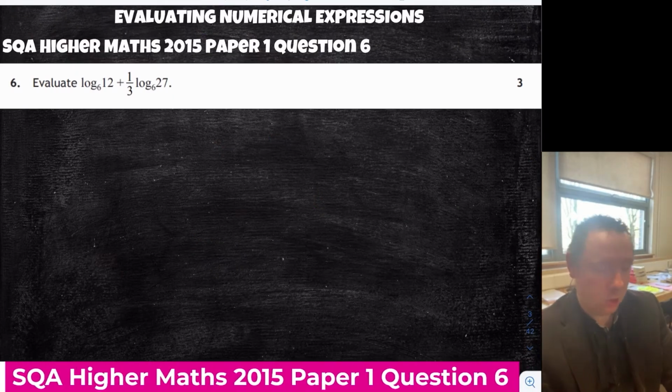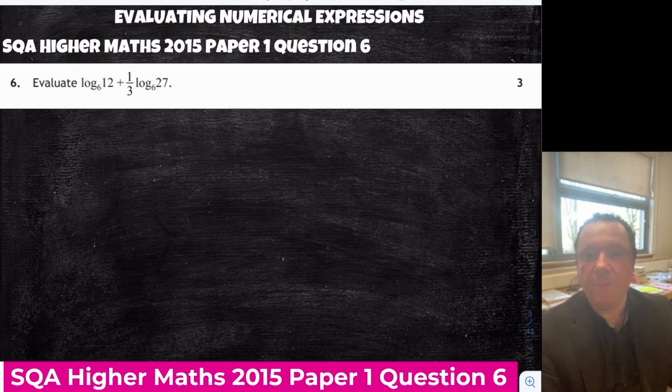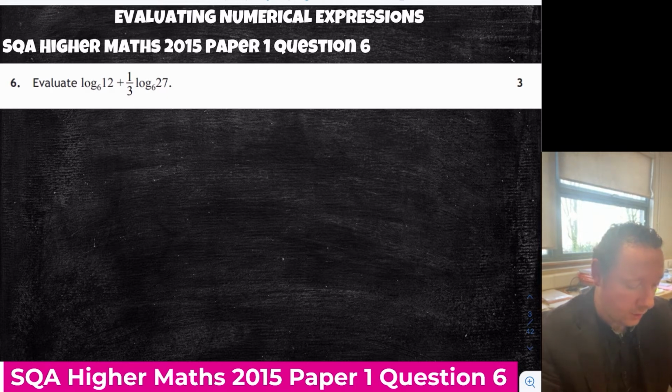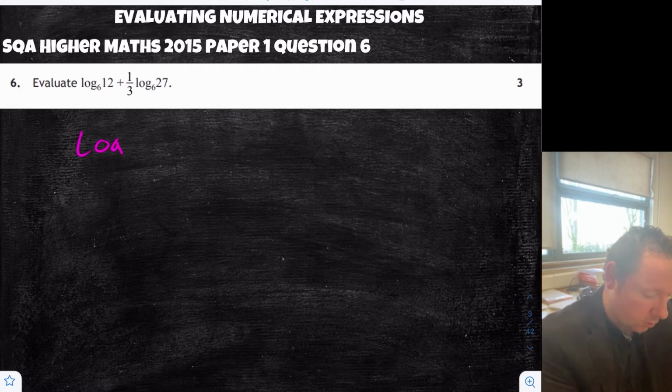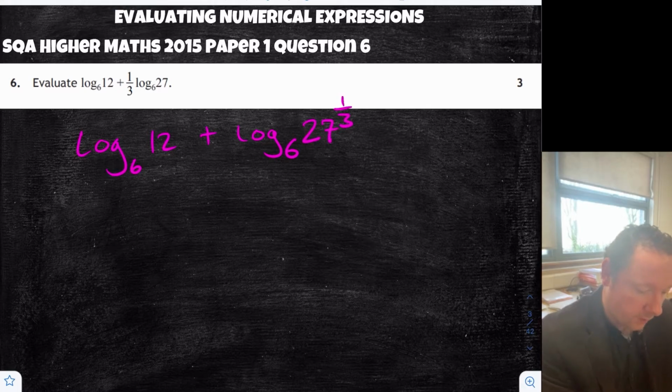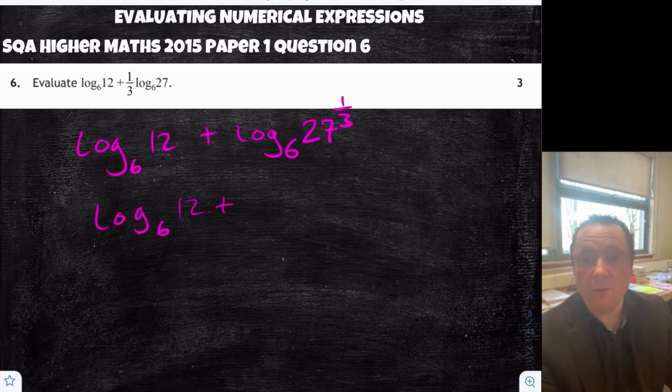Okay, evaluate numerical expressions. SQA Higher Maths 2015, paper 1, question 6. Evaluate log 6 12 plus a third of log 6 27. So I'll keep the log 6 12 to start with, but then I'll write that as plus log 6 27 to the power of 1/3, because we can take that up. So that's log 6 12 plus 27 to the power of 1/3, which is the cube root of 27, which is 3.